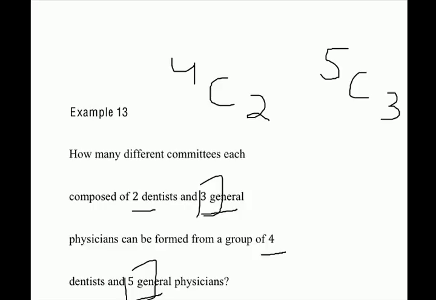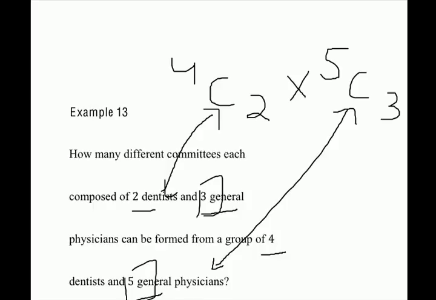So this is the way you can select 2 dentists out of 4, and this is the way you can select 3 physicians out of 5. You need to form different committees which have 2 dentists and 3 general physicians. So the answer would be the number of ways you can select 2 dentists out of 4 multiplied by the number of ways you can select 3 physicians out of 5.